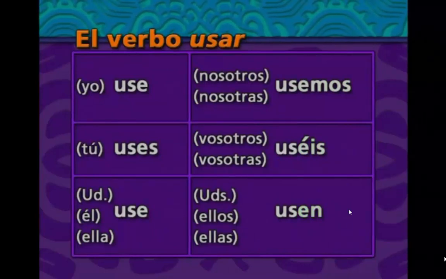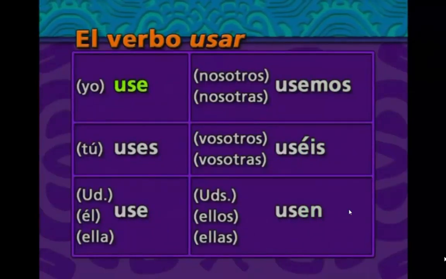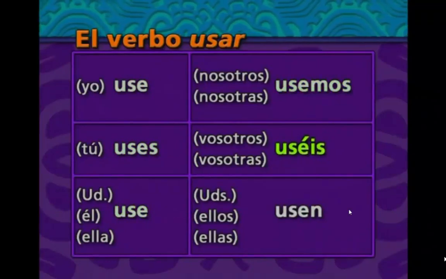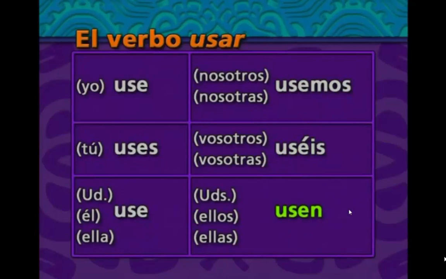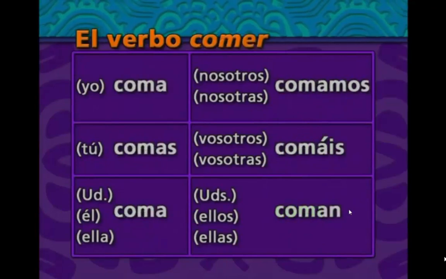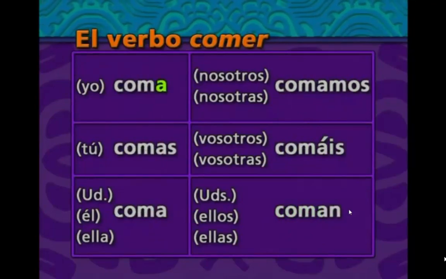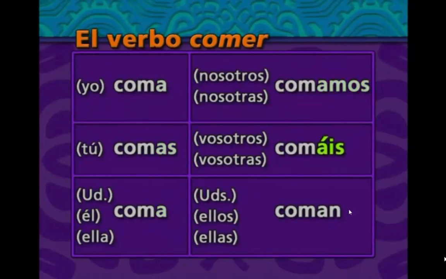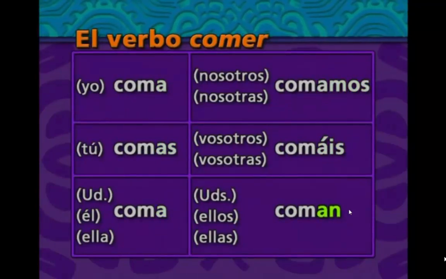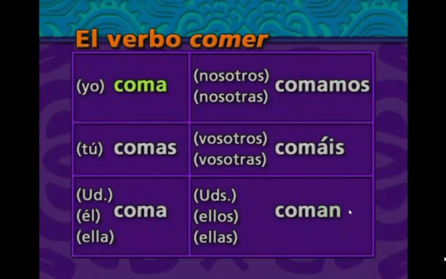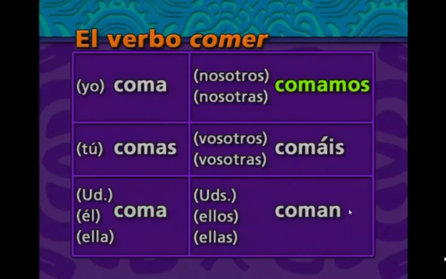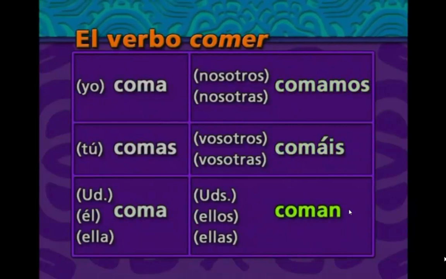Using the verb usar, we get use, uses, use, usemos, uséis, usen. The endings for ER and IR verbs in the subjunctive are a, as, a, amos, áis, and an. Using the verb comer, we get coma, comas, coma, comamos, comáis, coman.